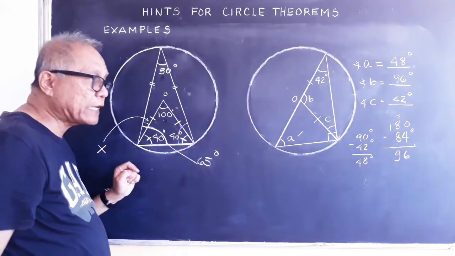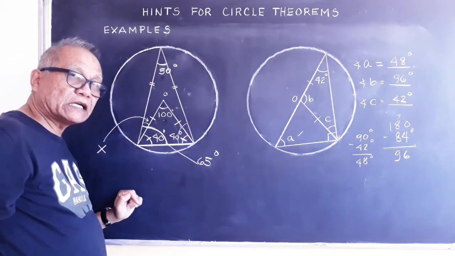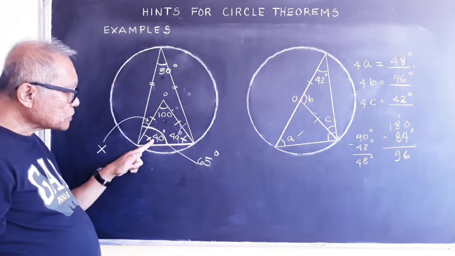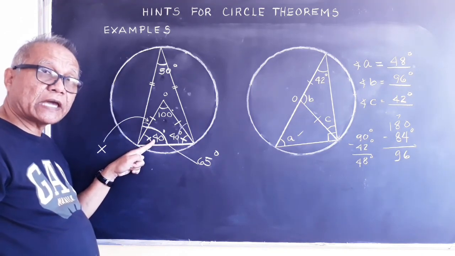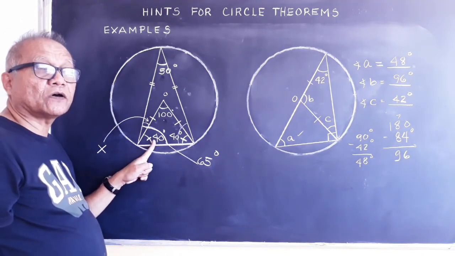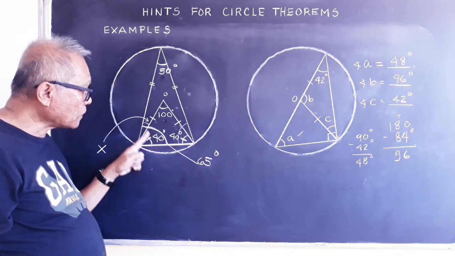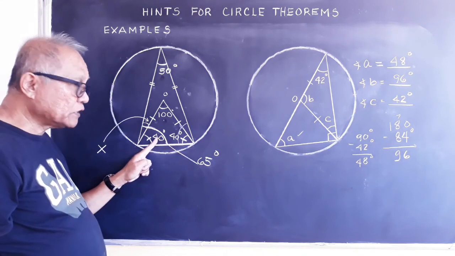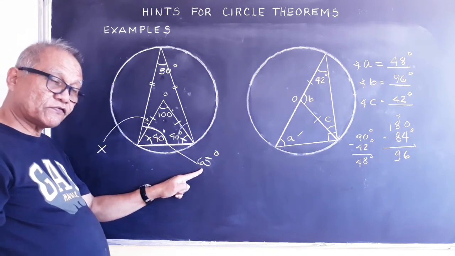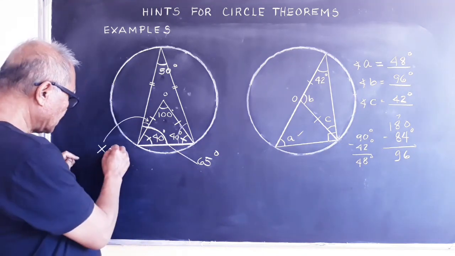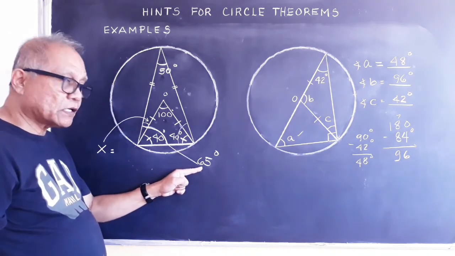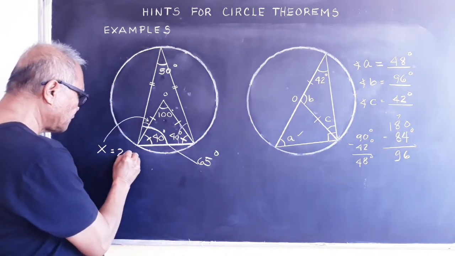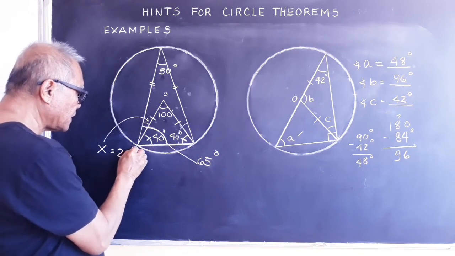That is the base angle of the larger isosceles triangle. But this one is 40 degrees, the base angle of the smaller isosceles triangle. Therefore, to find x, we just subtract 40 degrees from 65 degrees. So that gives us 65 minus 40 degrees. So the answer for x is 25.